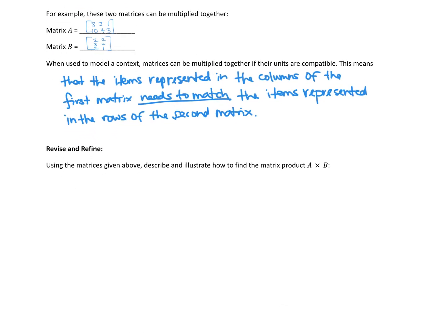All right, let's do a little bit more for our takeaways. It says, using the matrices given above, describe and illustrate how to find the matrix product of A times B. All right, so we're just going to show a final example here without context, just pure matrix multiplication.